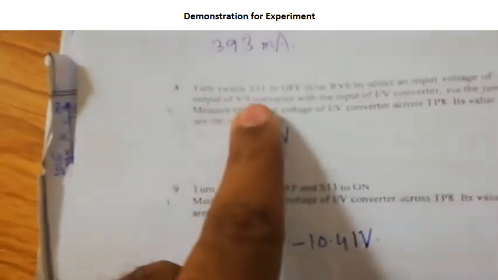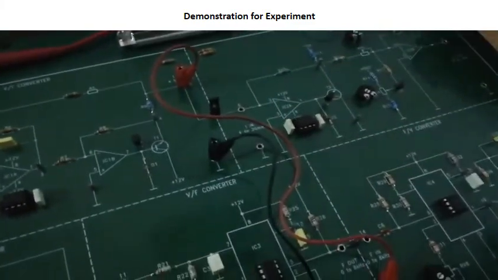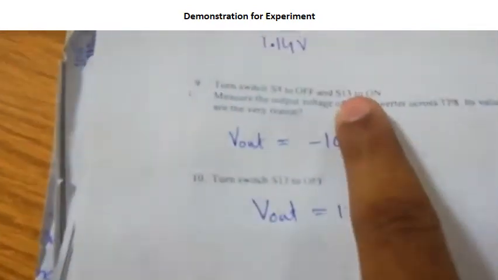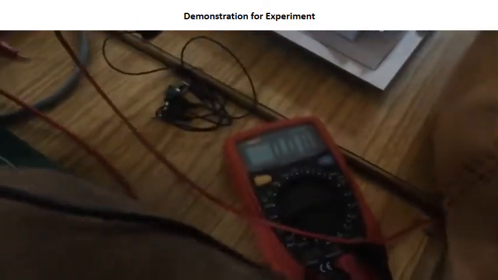Here is the reference voltage set at 12 volt and here is a variable resistance. If we adjust the variable resistor, we can also change the value and we can get 8 volt. Now switch on S4 and measure the voltage. We will see the effect on the output. It has decreased. Now switch off S4 and switch on S13. We will do this like we did before.